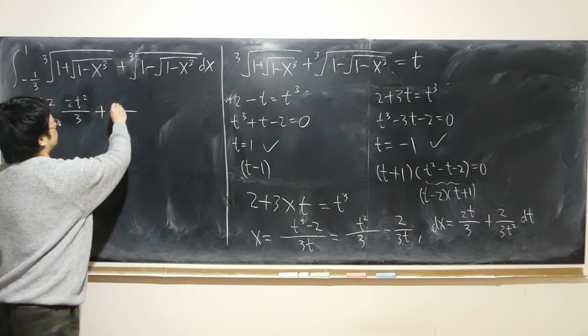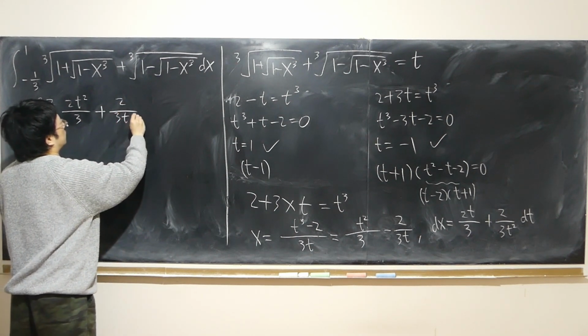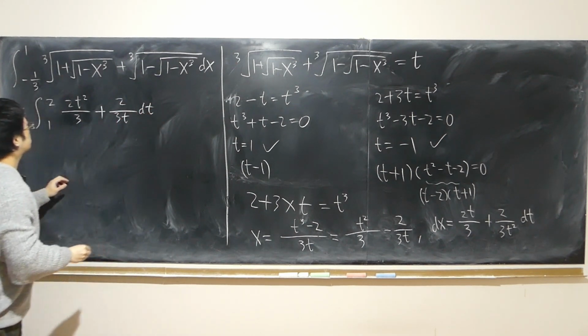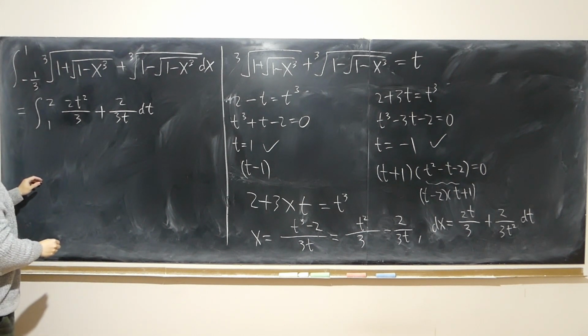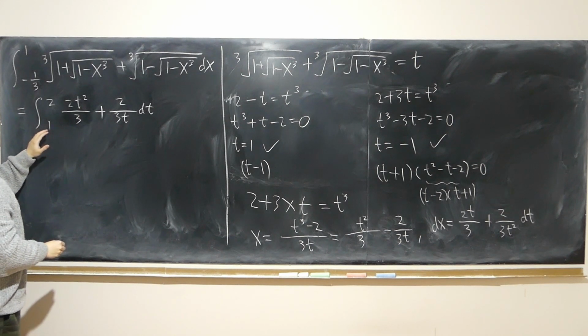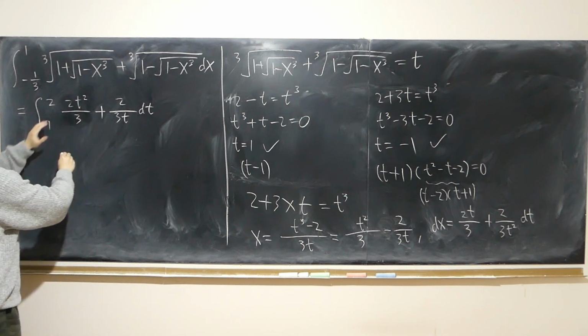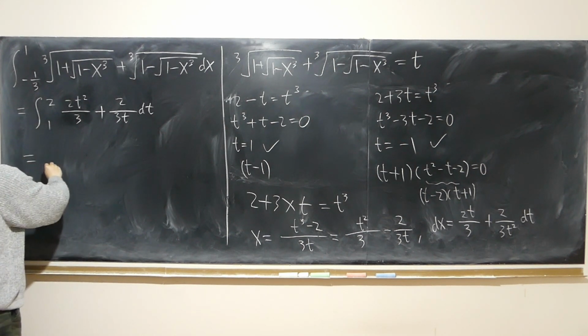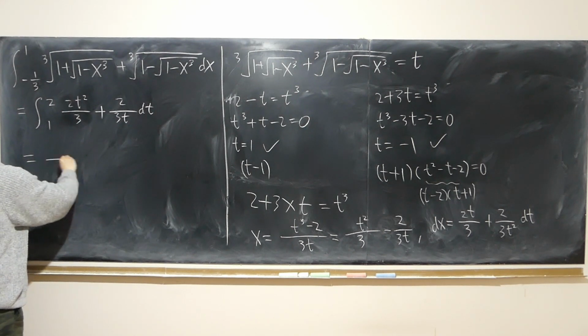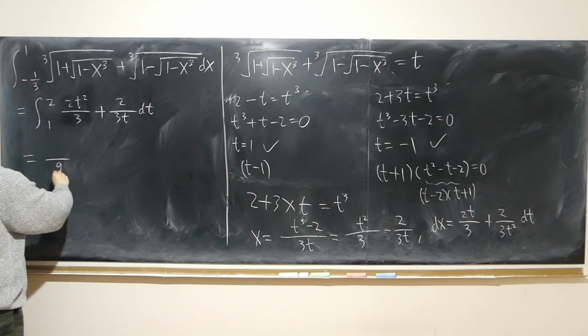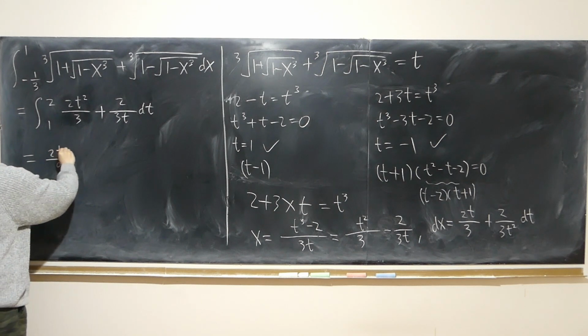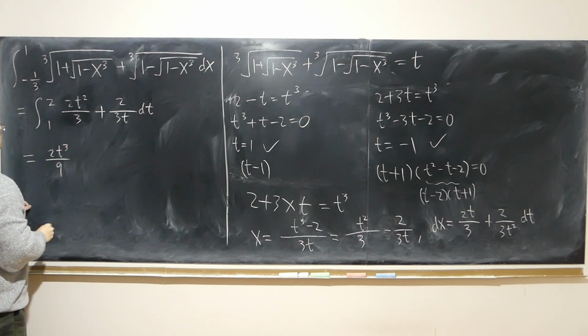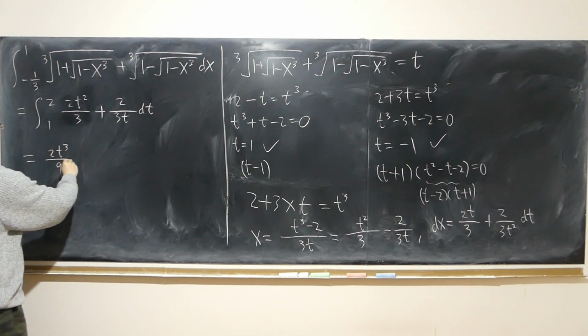So 2 over 3t, I believe. Right? So here we're gonna, okay, so this is 9 and 2t cubed. Yeah.